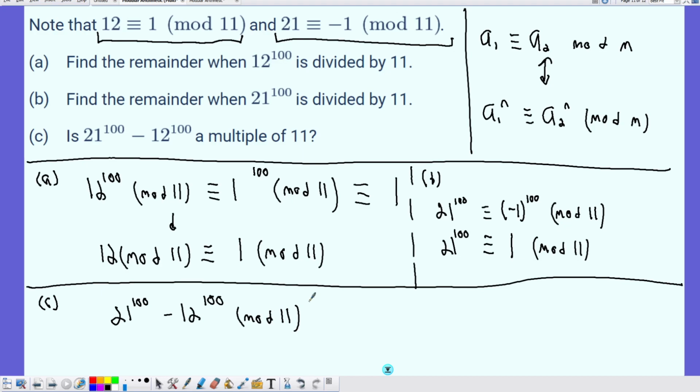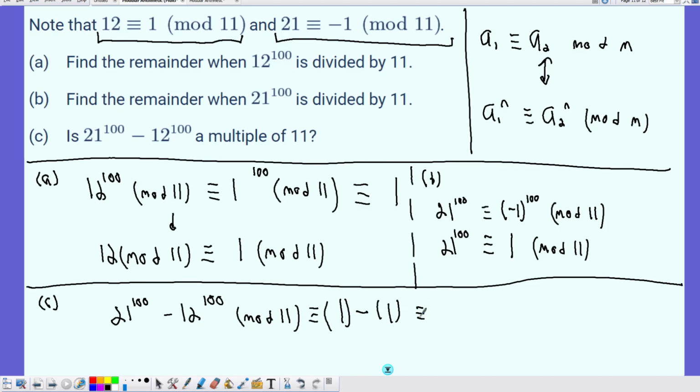Well, we know that 21 to the 100th power mod 11 is just 1. Then we have minus 12 to the 100th power. I'll even write parentheses about what we're substituting. 12 to the 100th power is also positive 1.